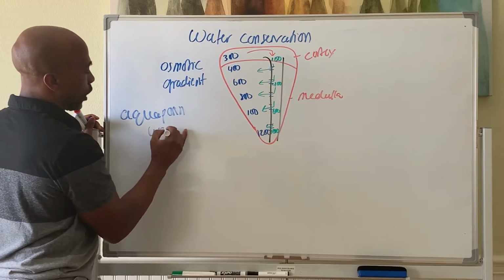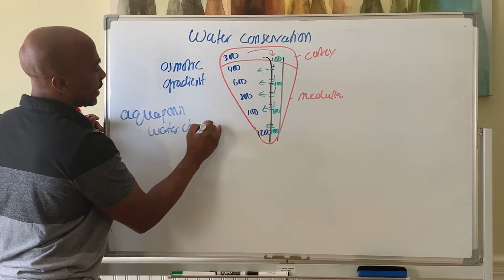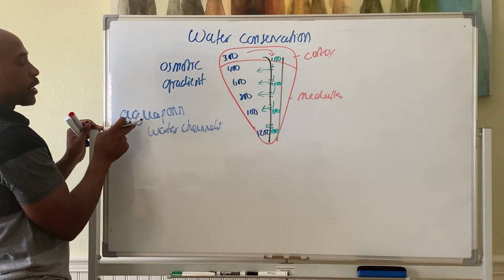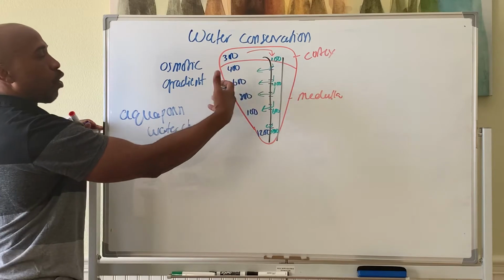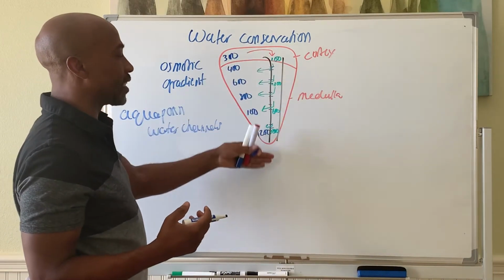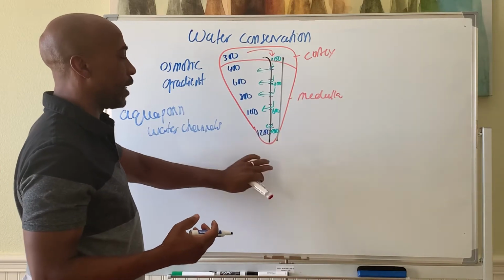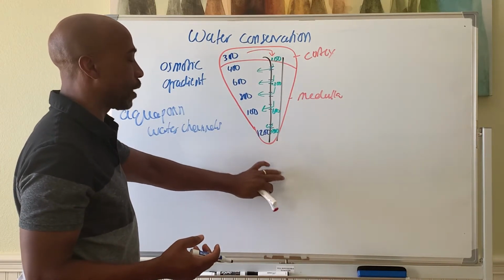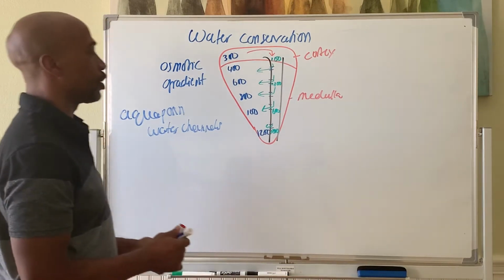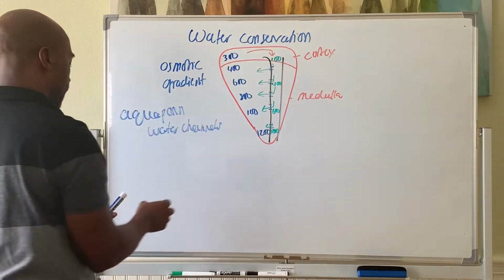The more water channels you have expressed, the more water is pulled back, and the more concentrated your urine will be once it leaves the pyramid to enter the minor calyx, pelvis, ureter, and bladder. That's how it all happens in the collecting duct.